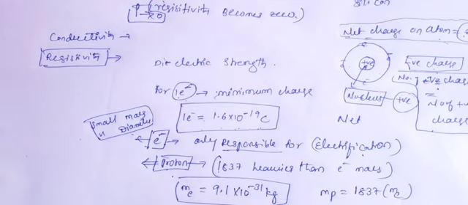Electrification means it can transfer the electrons, add the electrons or lose the electrons. Here the proton never transfers the electrons, because it has a heavier mass compared to the electron.